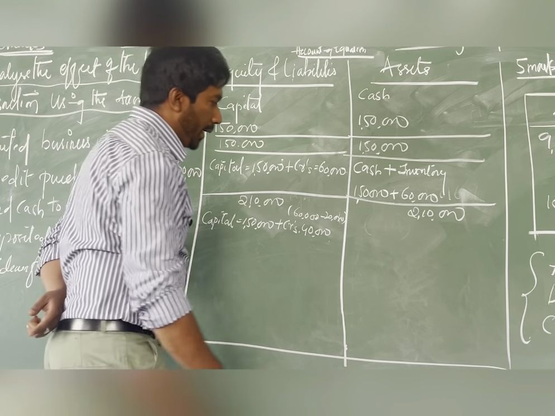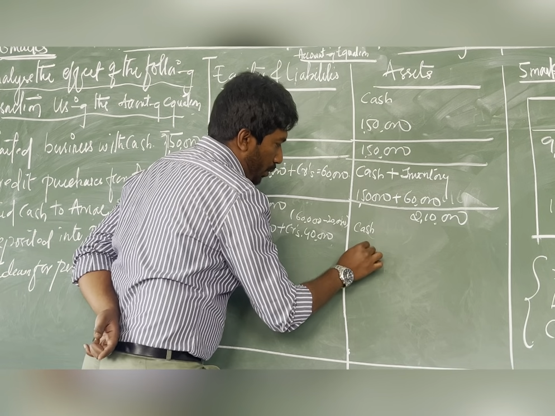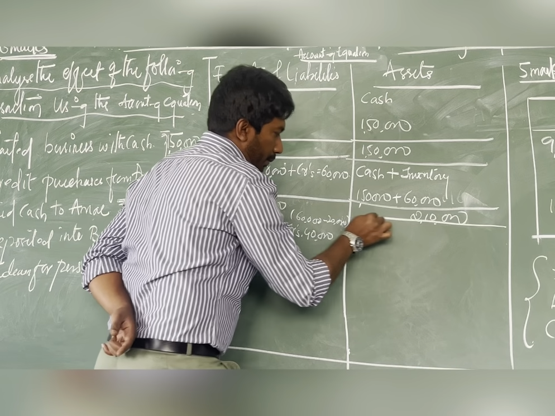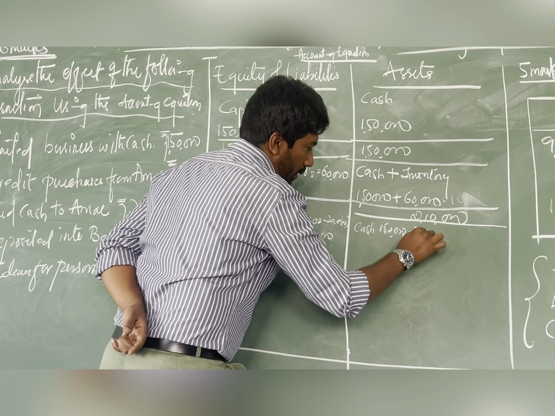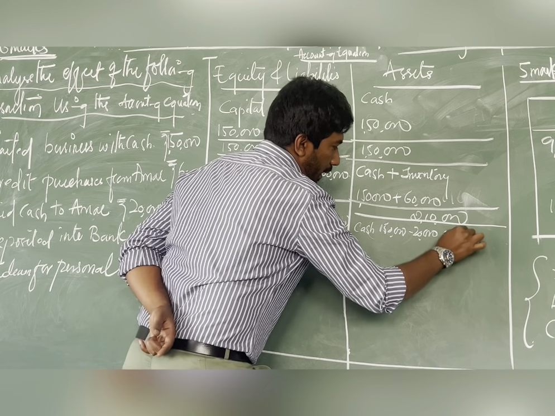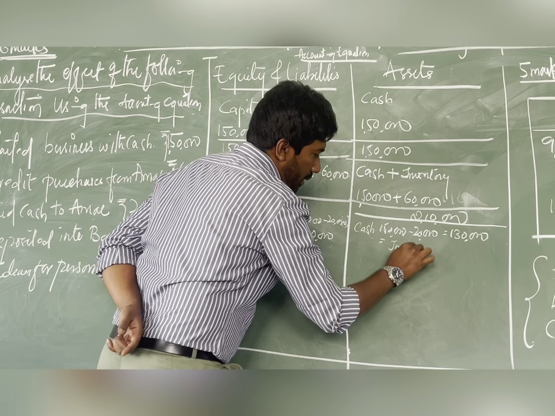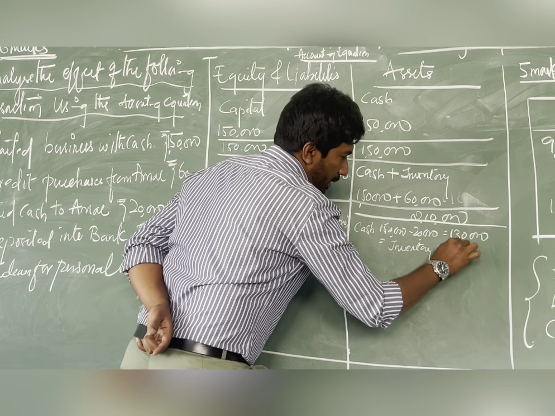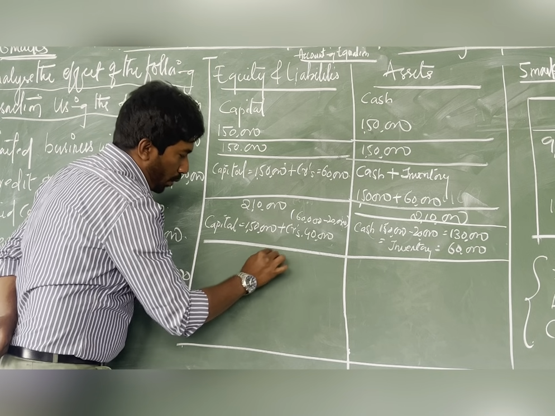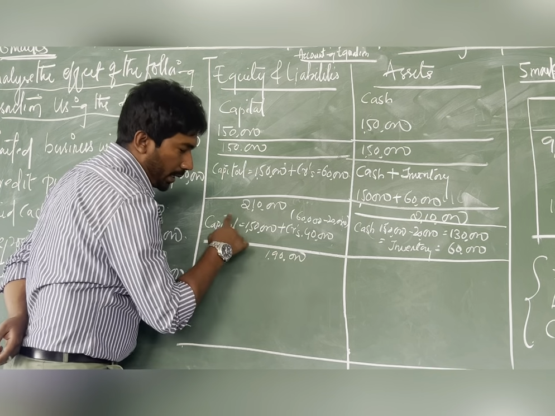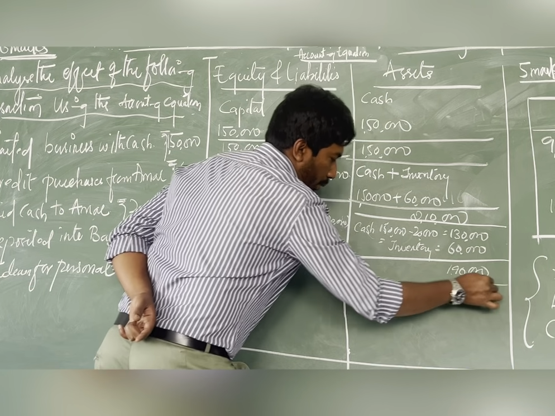Then cash, because we have paid, is going down: 1,50,000 minus 20,000 gives you 1,30,000. Inventory is still remaining with us, worth 60,000. When you total this, you get 1,90,000 on the liability side, and 1,90,000 on the asset side. Both sides are equal.